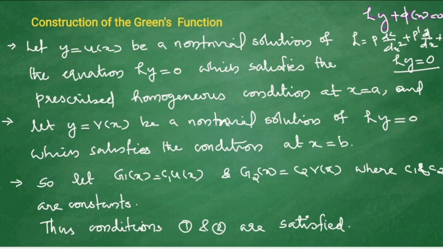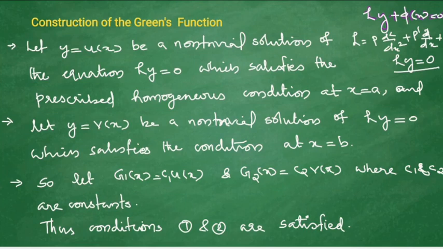So for finding the Green's function g in the form of a split function g1 and g2 which also satisfies the four properties, consider conditions 1 and 2 first. It should be a solution of the homogeneous equation Ly equal to 0.